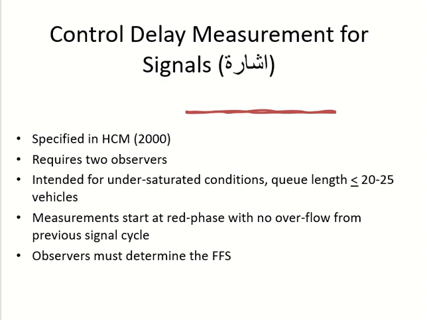When the queue is too long, what happens? You come towards the intersection, the signal was green, but if you are coming from very far, the signal will become red. This is called overflow. So you were waiting for the green, but you still did not cross, because of the queue.